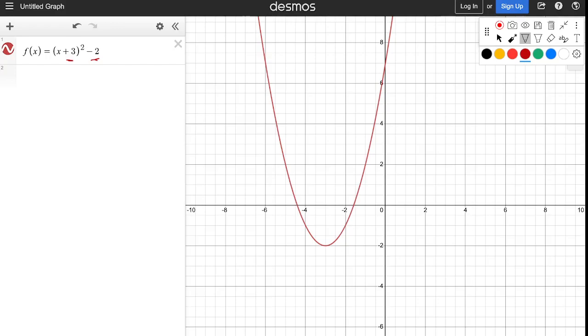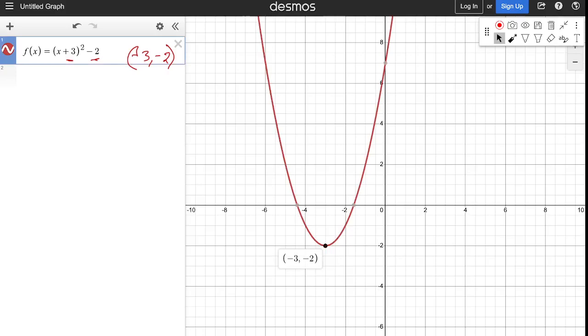It's a negative 3, but negative 2. So we're subtracting 2, and the y coordinate is negative 2, but the x coordinate of the vertex is the opposite of what appears in this format. And we call this particular format of a quadratic function the vertex form, because you can actually see the vertex right there. Okay.